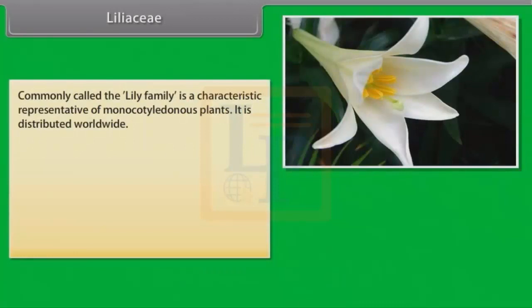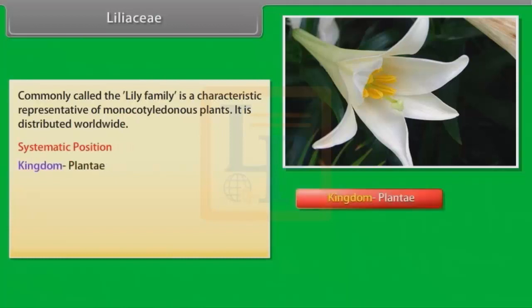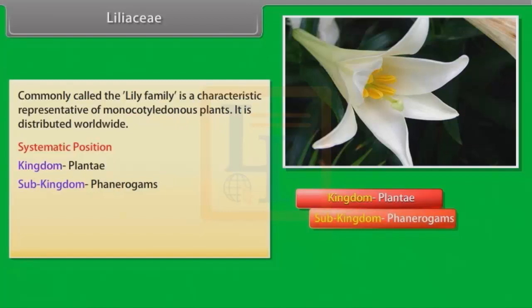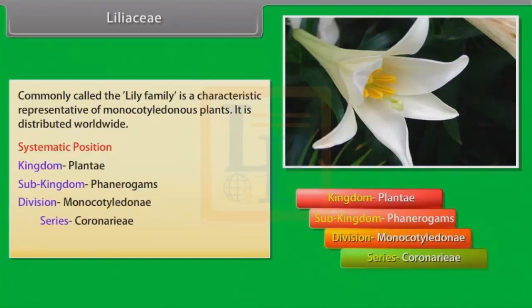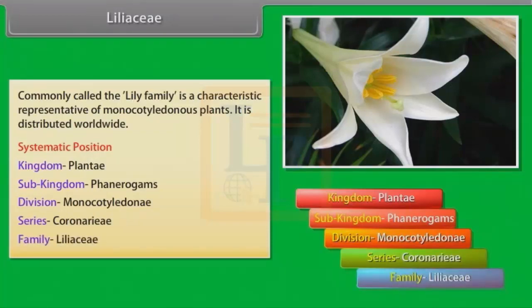Liliaceae, commonly called the lily family, is a characteristic representative of monocotyledonous plants. It is distributed worldwide. Systematic position: Kingdom Plantae, Subkingdom Phanerogamae, Division Monocotyledonae, Series Coronarieae, Family Liliaceae.